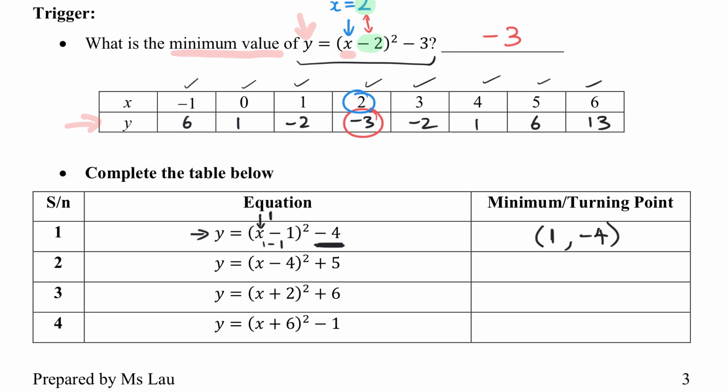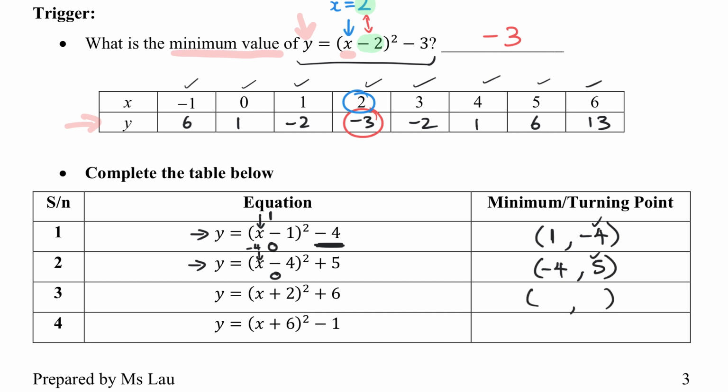Because 1 minus 1 gives you 0. 0 square minus 4 is -4. Okay, so let's do it by pattern again. What value of x am I going to choose here to get a zero pair? -4. To get 0 here, 0 square, and I'm just left with y as 5.